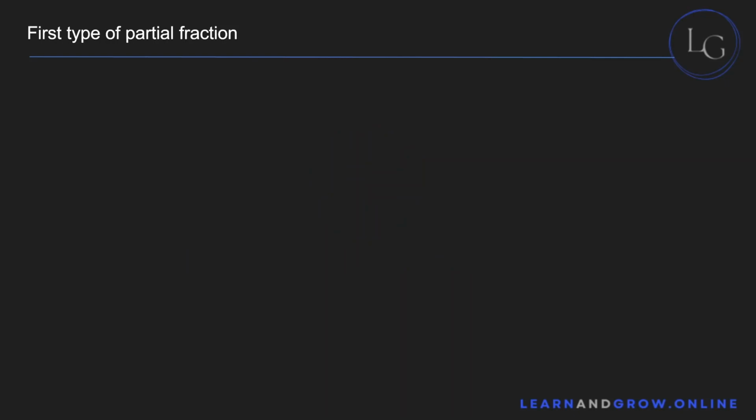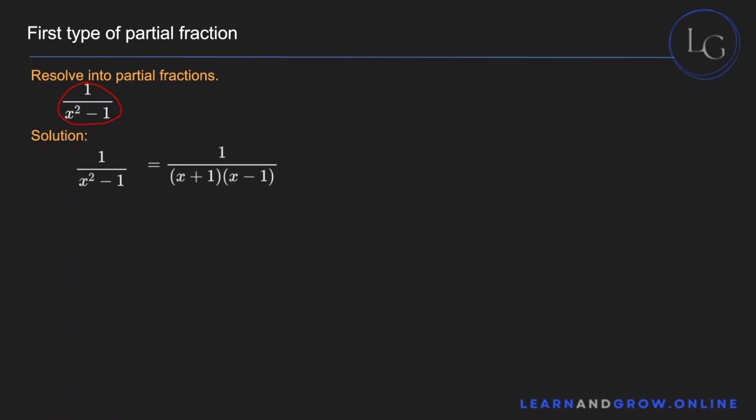So let's discuss the first type of partial fraction. We have been given this fraction, and we need to resolve it into its partial fractions. This is the first type, and basically what you'll do is, you remember that we have this algebraic identity, x squared minus y squared is equal to x plus y into x minus y.